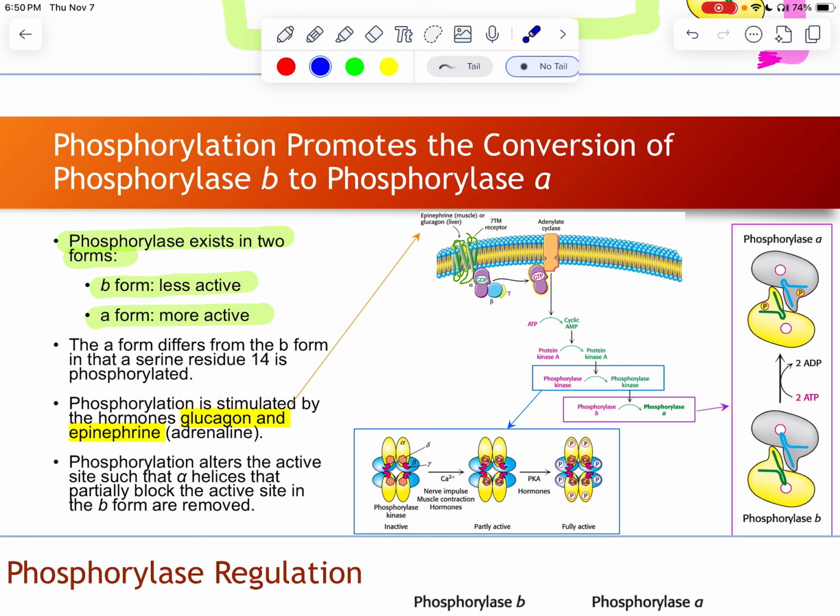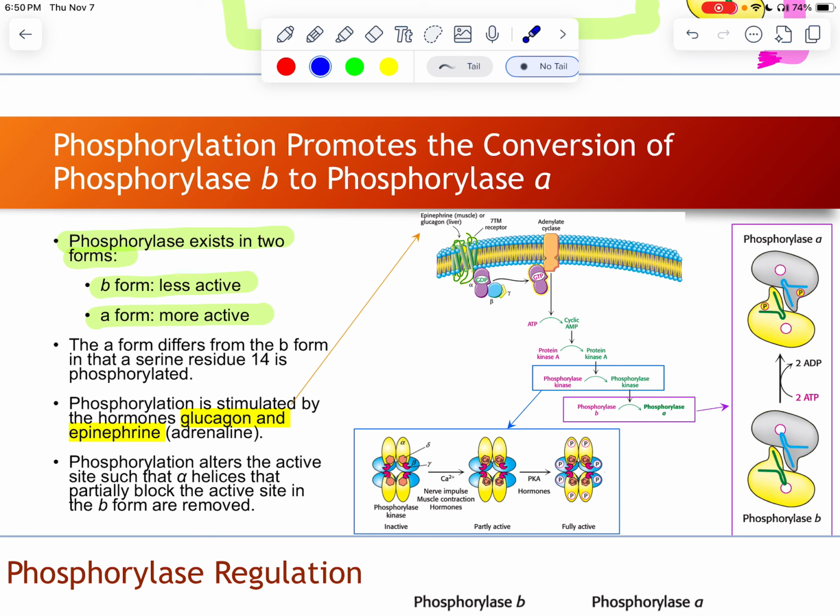As that happens, when these things are phosphorylated, you'll see that these sections do not cover up that active site. But down here, without the phosphate groups, the way these sit, they kind of cover these. And we're going to look at a ribbon picture in just a second to look at that.